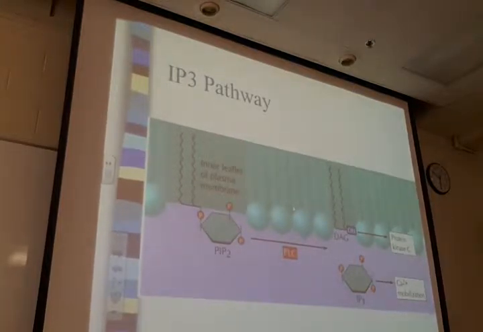Okay, the second example that I want to look at that is going to use these different second messengers is going to be what's called a slow block to polyspermy.